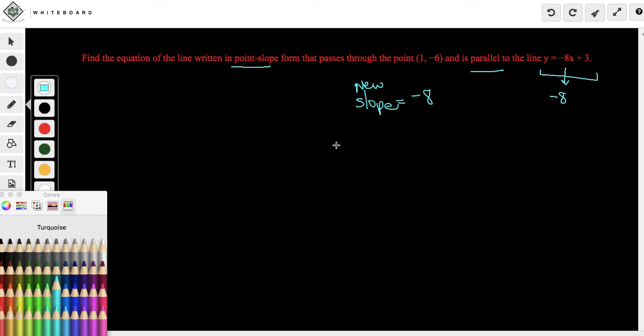Then we're going to go ahead and use our point slope form in order to figure out the answer to our problem. So remember, our point slope form is y minus y1 equals m times x minus x1. And our x1 and our y1 are going to stand for this point up here, x1 comma y1.